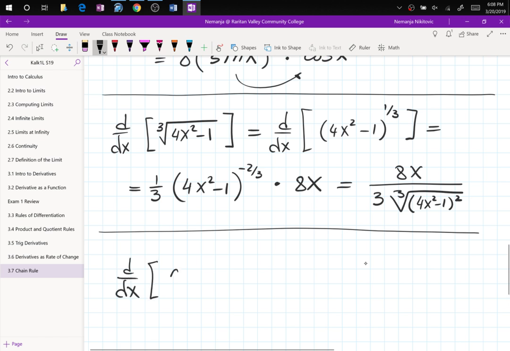The derivative of cosine x to the 8th. What is the main function here?